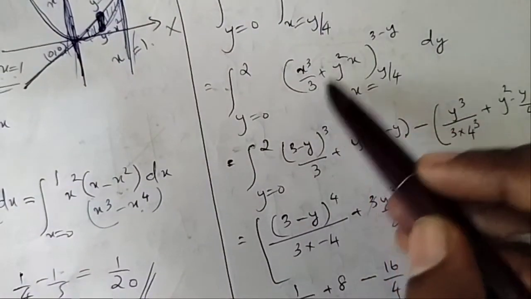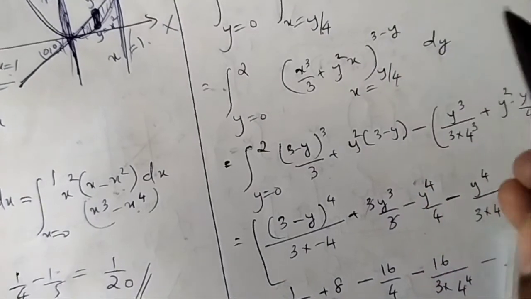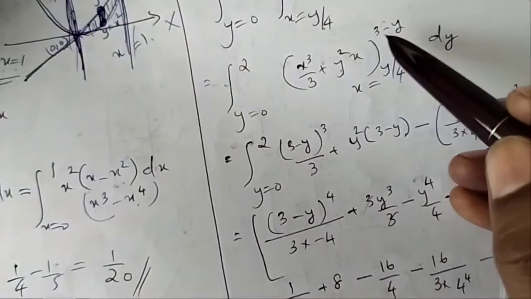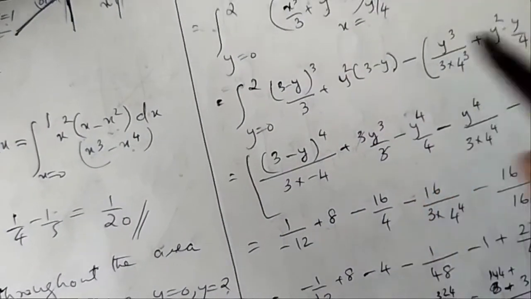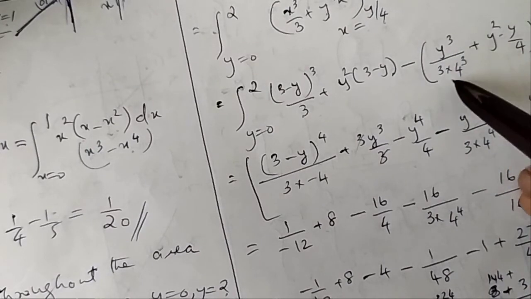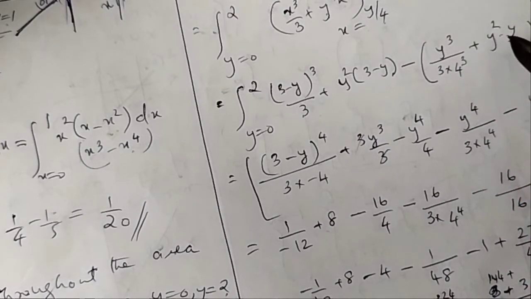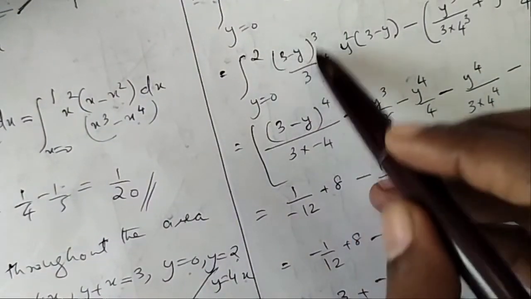Integral of x square is x cube by 3, y square is y square into x, from y by 4 to 3 minus y. First of all, substituting the upper limit 3 minus y: 3 minus y the whole cube by 3 plus y square into 3 minus y, minus of y by 4 the whole cube by 3 plus y square into y by 4. Then what is the integral of 3 minus y the whole cube by 3?